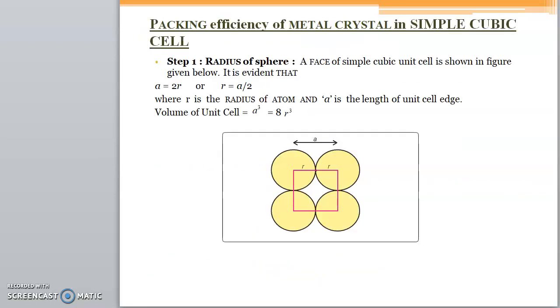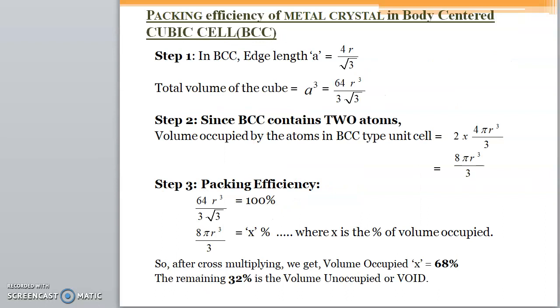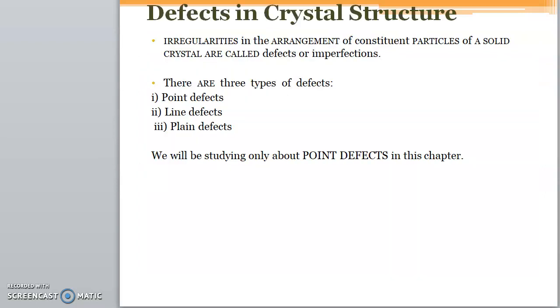And that's when we looked at packing efficiency in all three different cells, that is simple cubic cell, body-centered cubic cell, then face-centered cubic cell. So all these three cubic cells have got different efficiencies, right? One has got 52.4%, the other one has got 68%, and the third one has got 74%.